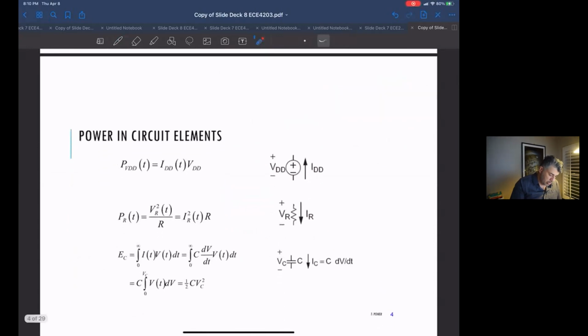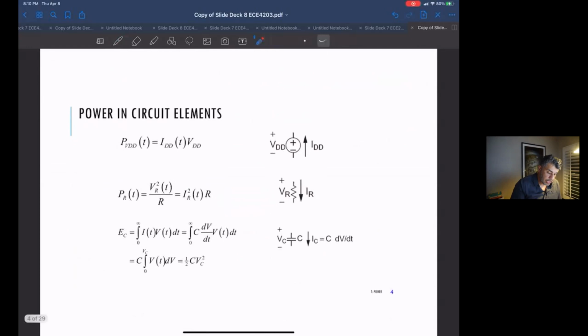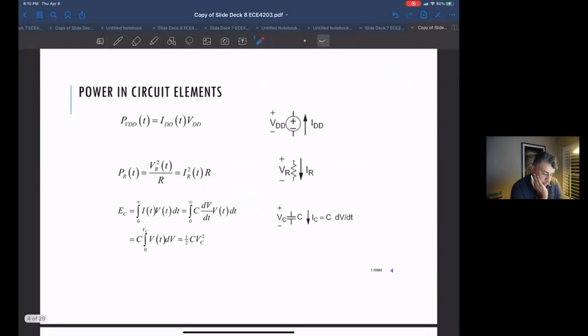Okay, so now let's look at the power in different circuit elements. If you have a power supply, this is the instantaneous power, which, as we talked about, would be the current in that supply times the voltage of the supply, assuming it's constant.